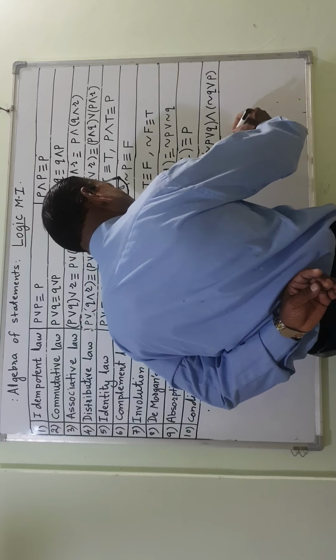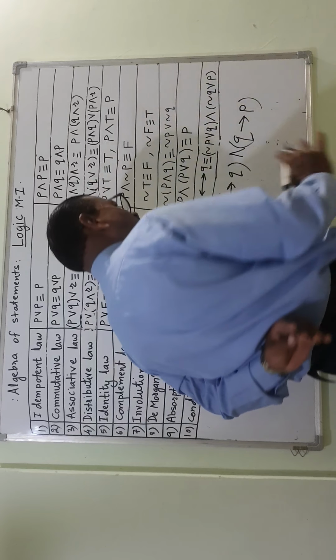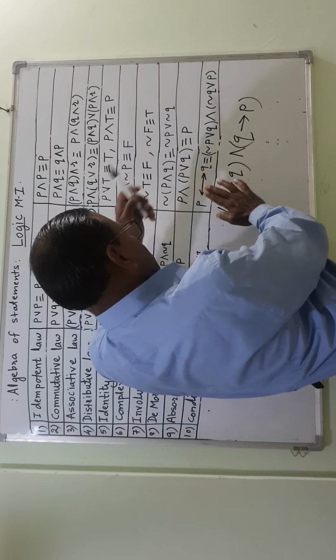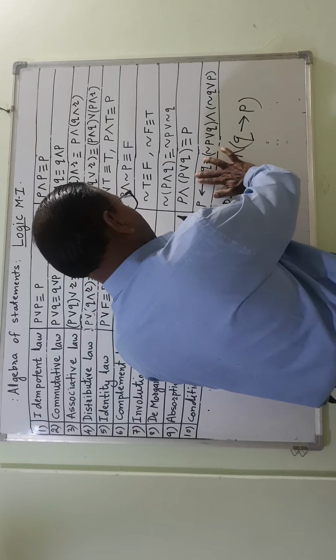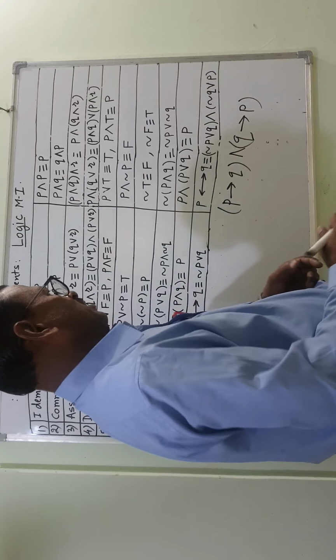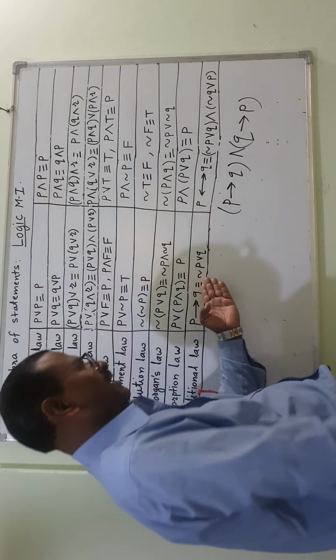In the introduction I have told you, P implies Q, Q implies P. That way. The meaning of this part I have just seen.